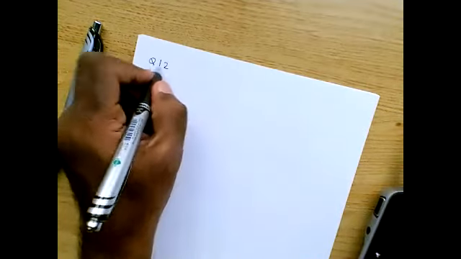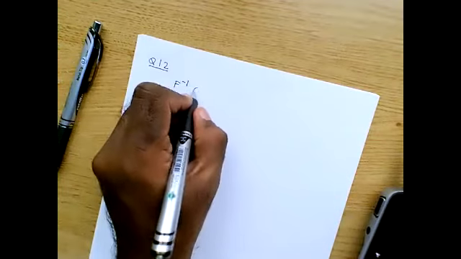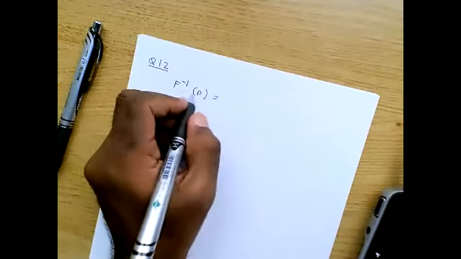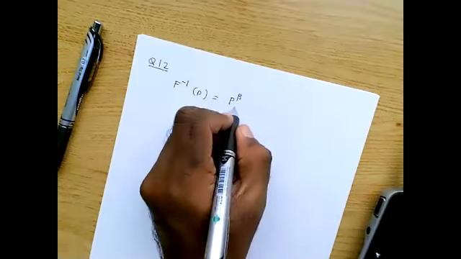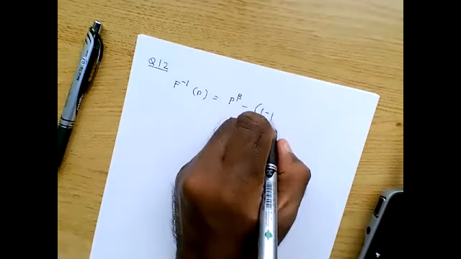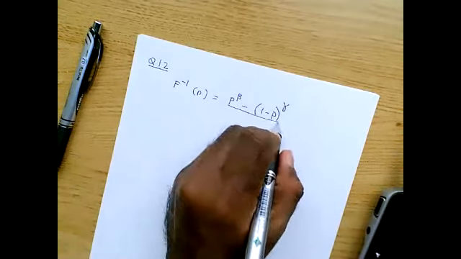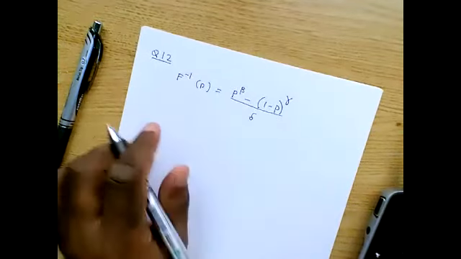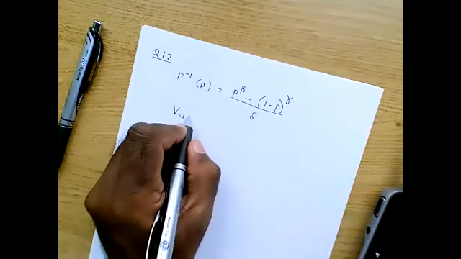Question 12 is this. Here you are given the quantile function. By definition, this is the same as the value at risk.